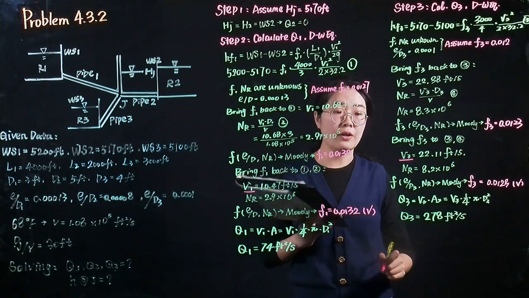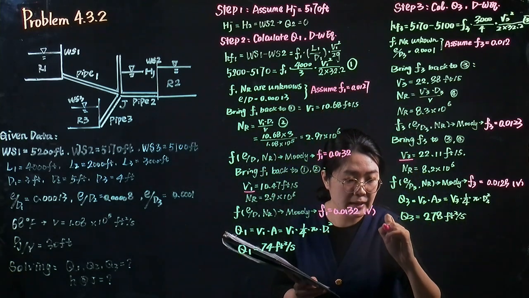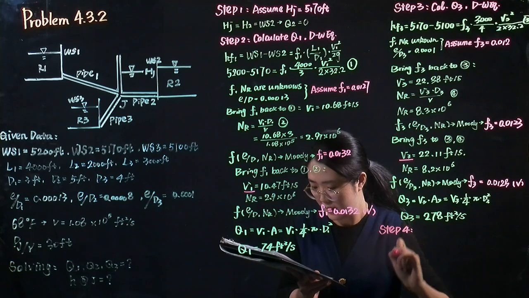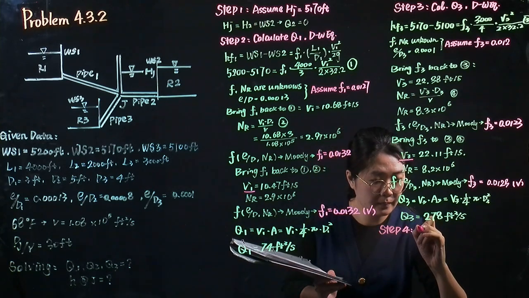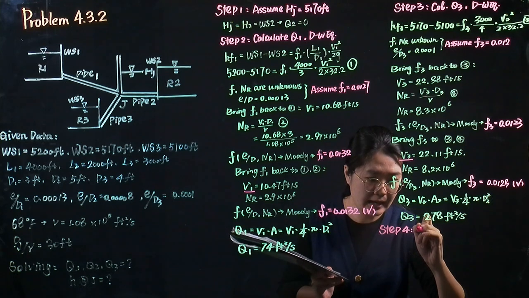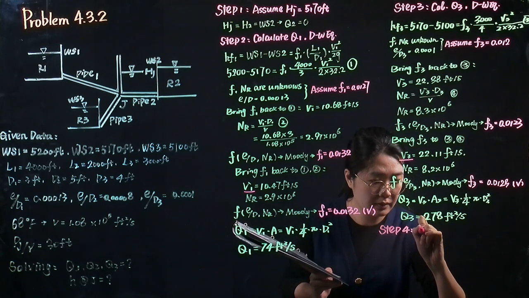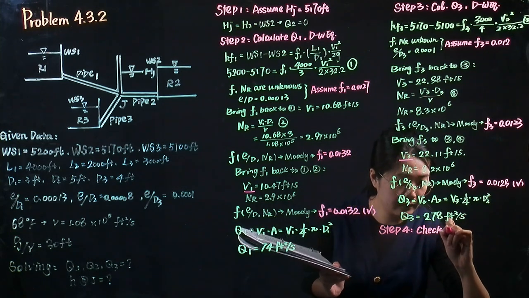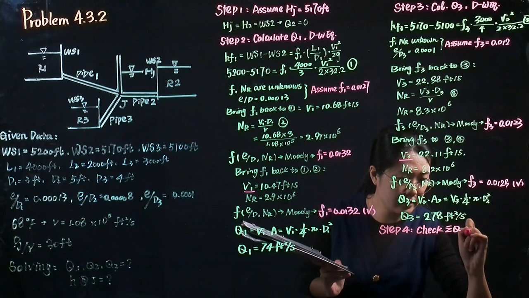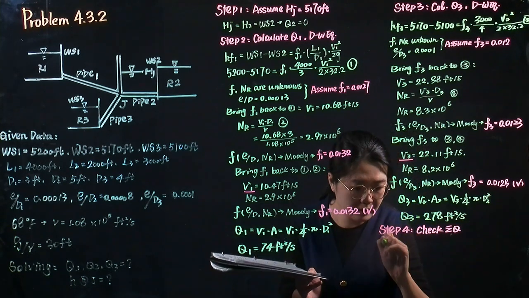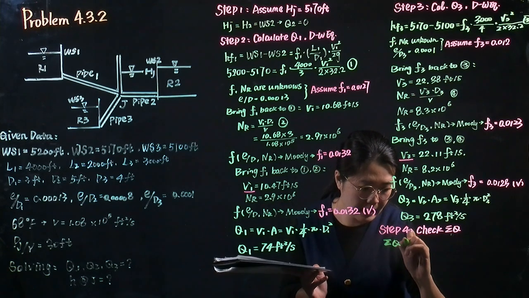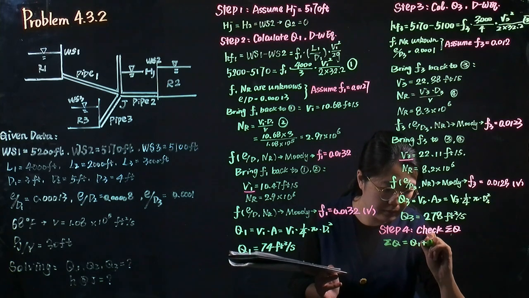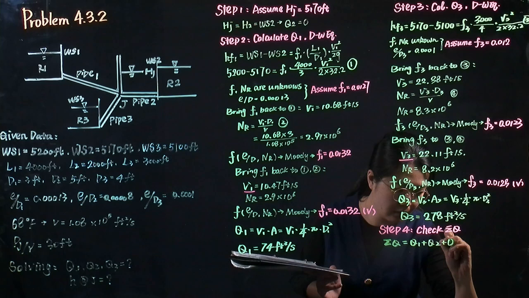Then step 4 is to check the continuity equation at the joint point. So we need to check to see if sigma Q at the joint point, which equals Q1 plus Q2 plus Q3, is equal to 0.